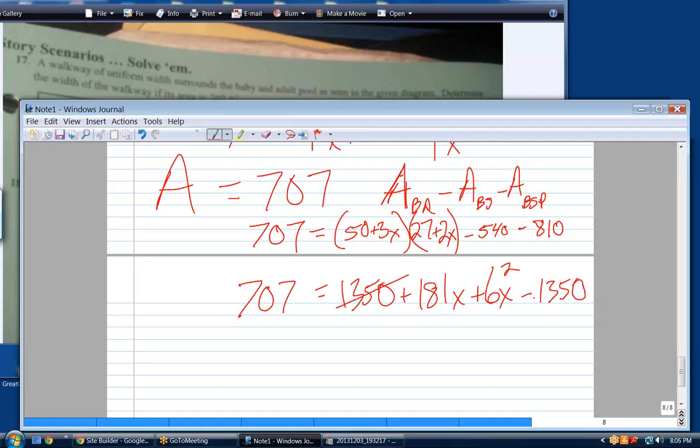Well, that's nice. And so the quadratic that we have to solve is 6x squared plus 181x minus 707 equals 0.